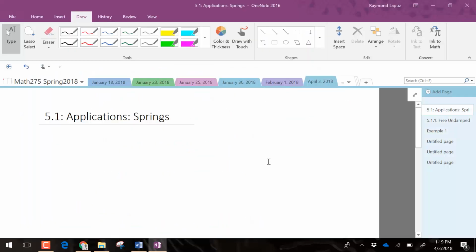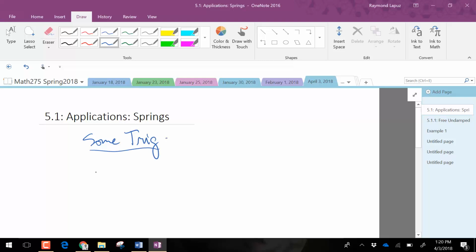Let's backtrack a little bit and do some trig stuff. So sometimes you might have a solution that you might want to combine into one trig function.